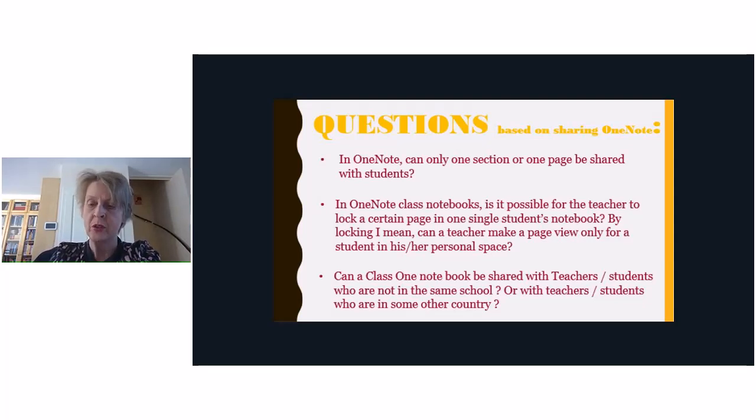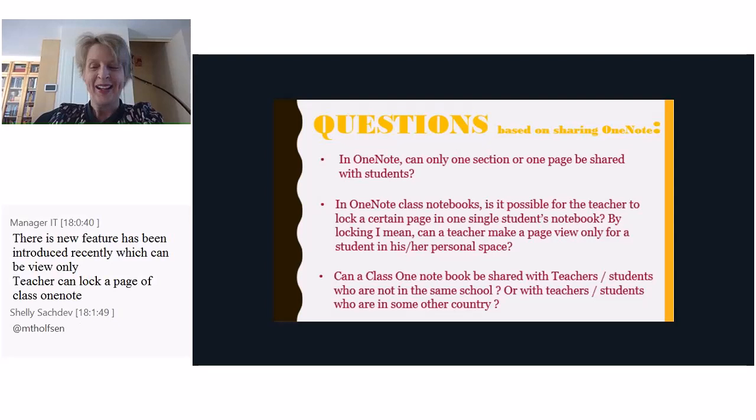So be sure to follow Mike Tholfsen's account on Twitter, the OneNote EDU account on Twitter, and my own, because when that happens, we'll be really shouting it out because so many teachers have asked for this. So that's about page locking.